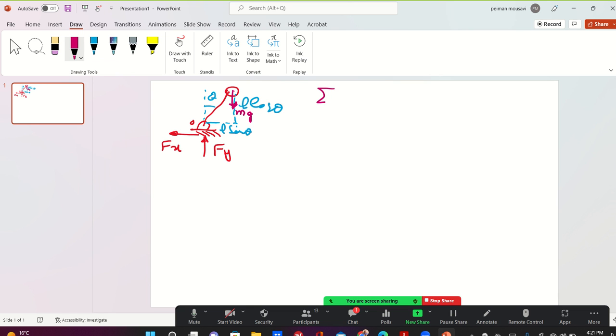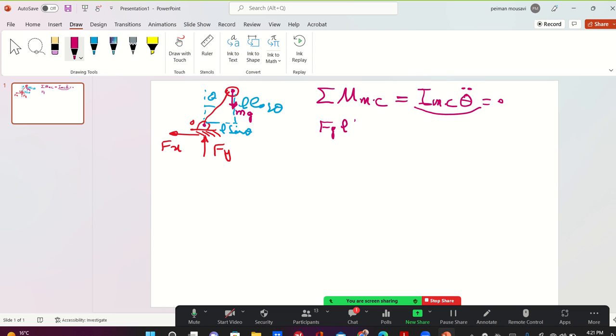So the sum of the moments around the mass center is equal to I mc theta double dot. Here it was 0 because the mass moment of inertia of the mass center particle is 0. Now, for the person that asked me about the sign, we're going to fix this point at the plane and apply Fy, in the normal distance, which is L sine theta.